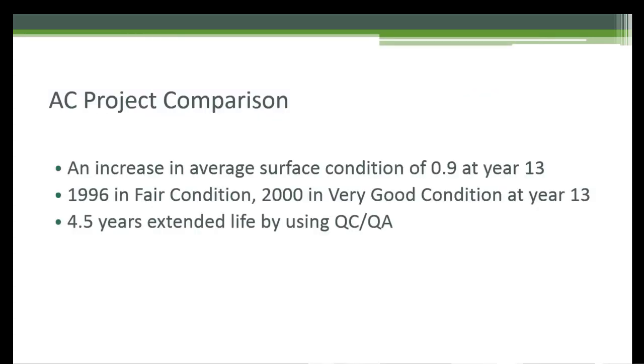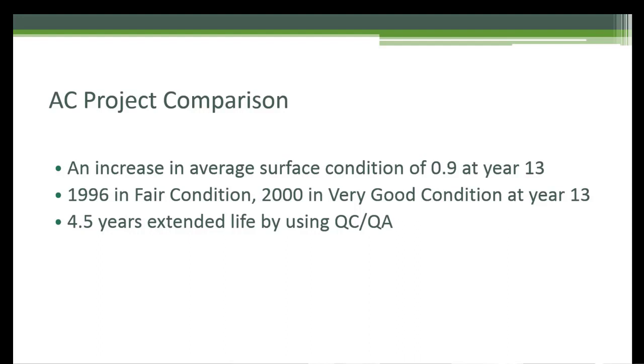So just narratively, the increase in average surface condition is 0.9 at year 13. And again, that's on a 5.0 scale. If you look at pre-2000, all at year 13, they were essentially in fair condition by general ranking, and post-2000, we're in very good condition at year 13.